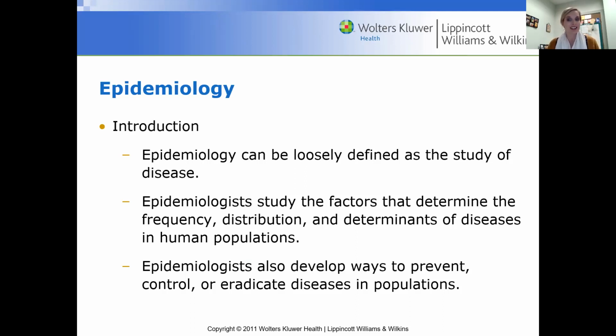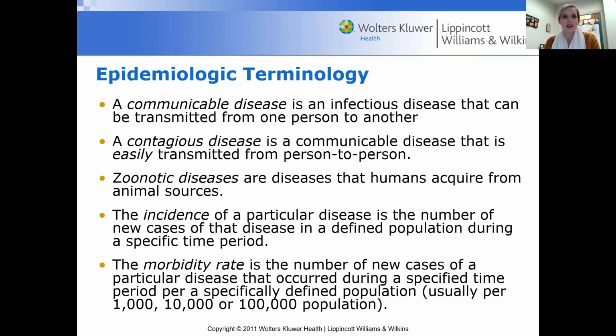Smallpox was eradicated in 1976, so not that long ago, but it existed in that time period and now no longer does because of these people working so hard to eradicate these diseases. So let's take a look at a couple terms that we'll see here.